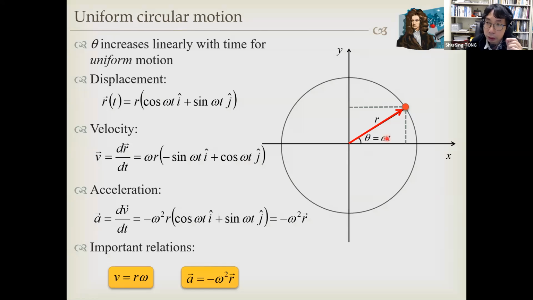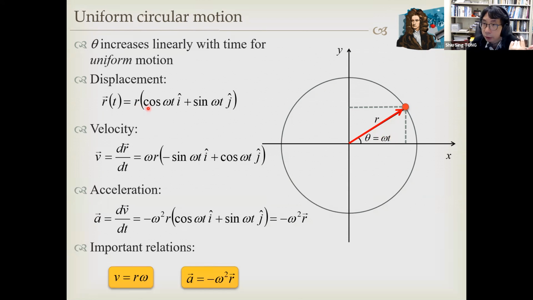Because it's a circular motion, the magnitude of this vector, the radius, is a constant, and the angle increases linearly with time. So the angle can be written as the angular velocity omega, which is a constant, multiplied by the time.